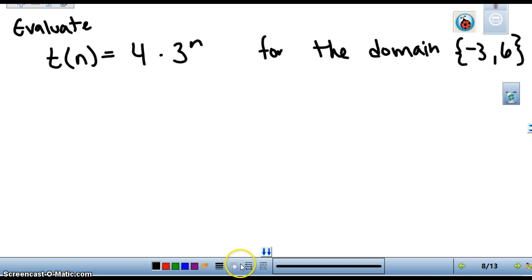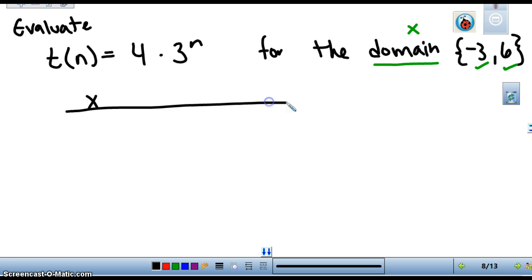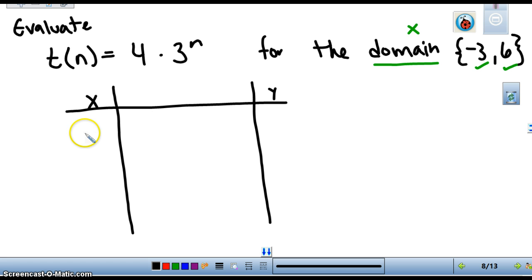What does domain mean? Domain also means x. So they're telling us x values already, right? -3 and 6.